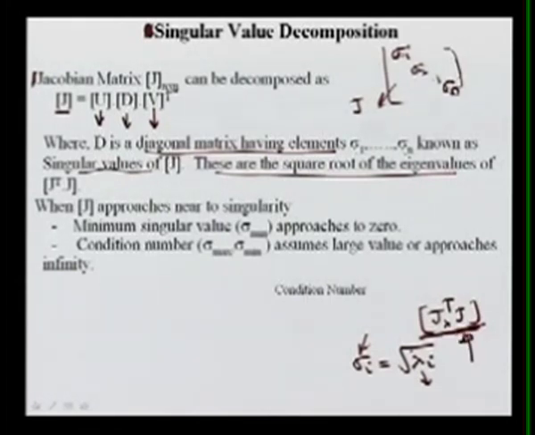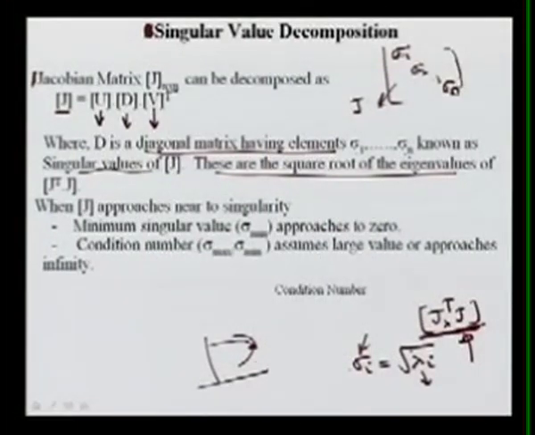When J approaches near the singularity, let's suppose in a radial system the Jacobian becomes singular. This is the singular point where the determinant of J becomes 0, which we also call rank deficit.